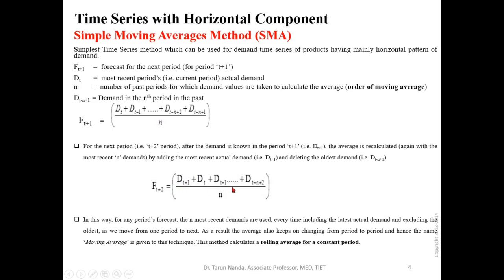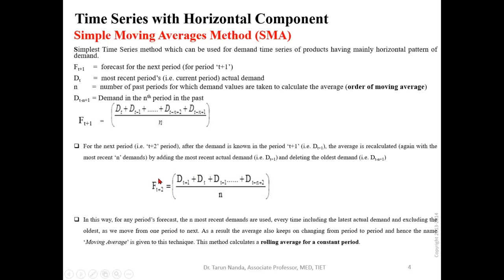So again you are taking n values, and now the most recent past sales value, when you are sitting in period t plus 1 and you are forecasting for period t plus 2, is D t plus 1, and the nth past value is D t minus n plus 2. So when you take this average, this is the forecast for the next period.